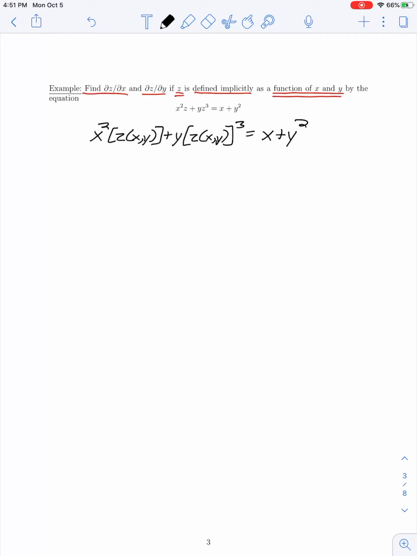So if we want the partial derivative of z with respect to x, let's first differentiate this equation through with respect to x. So differentiating with respect to x, we would have on the left-hand side, by the product rule, the derivative of x squared would be 2x times the second factor z, I'm going to leave alone.